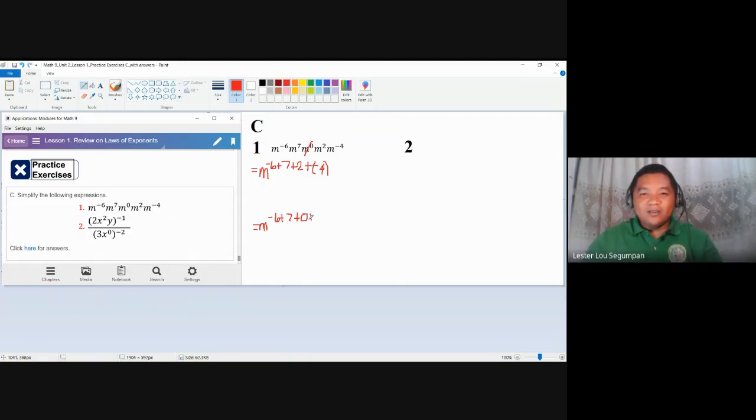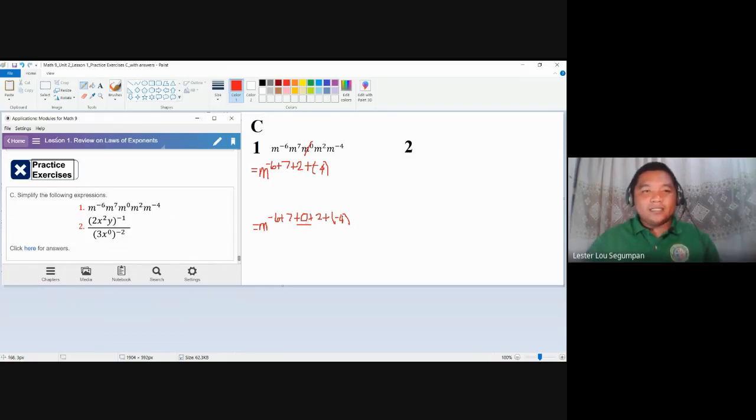If you look at the two different expressions, the only difference is you're just adding here 0. But if you add 0 to any number, the number will be the result. So again, I'm presenting you two different methods. Number one is if you simplify already m to the power of 0 using the law of zero exponent, it's okay. But if you will not, you simply apply the multiplication law. Do we have the same answer here?